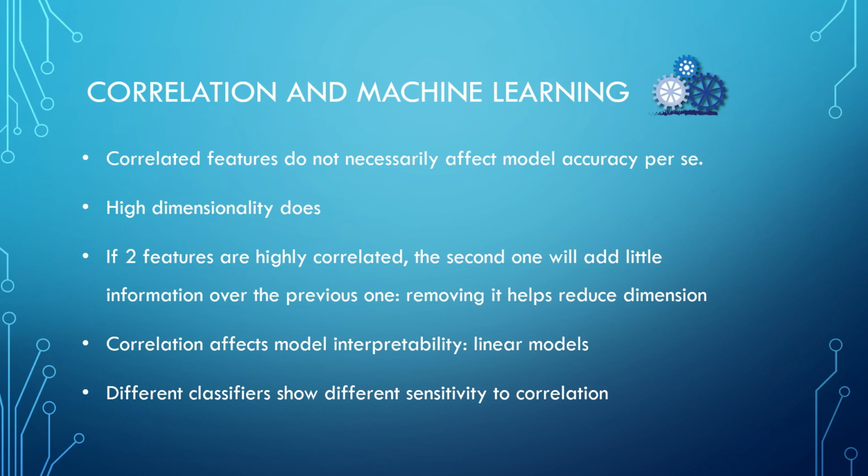One thing, though, is that correlated features do affect model interpretability, and in particular, in linear models. If two variables are correlated, the model will fit coefficients to both variables that somehow capture the correlation. Therefore, this will be misleading on the true importance of each of the individual features.